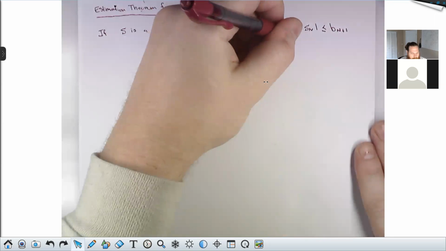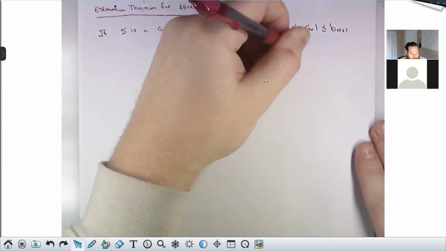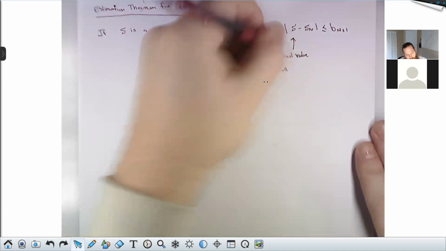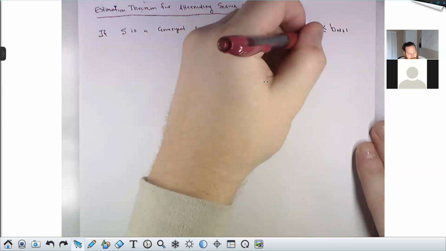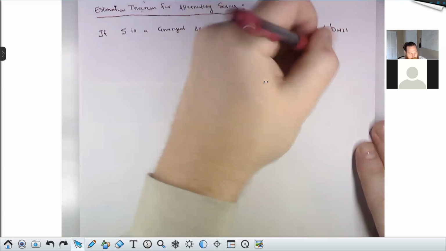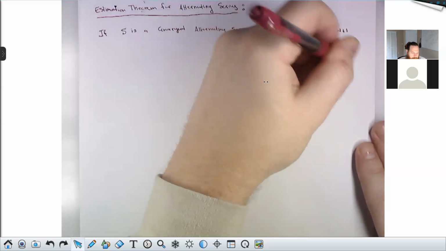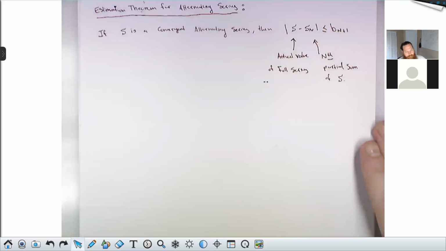Remember, S is the actual value of the series. And Sn, this is the nth partial sum of the series S. So when you subtract those, what you're looking at is the error in the nth partial sum.